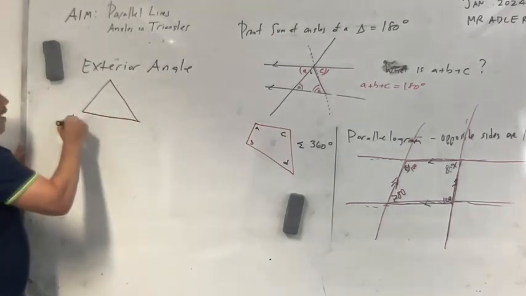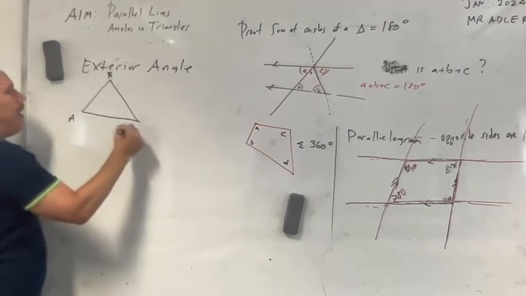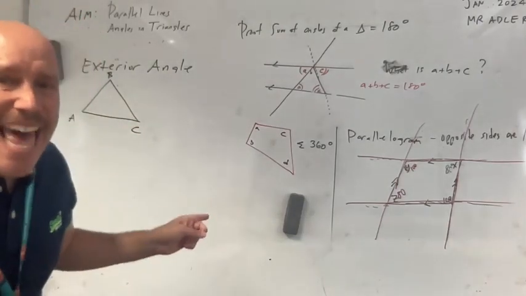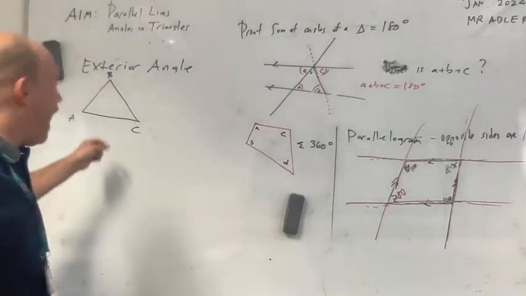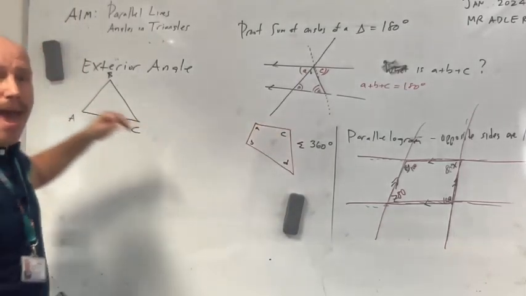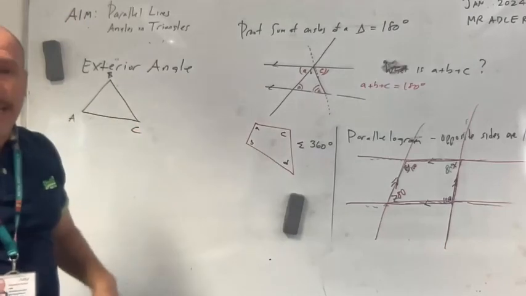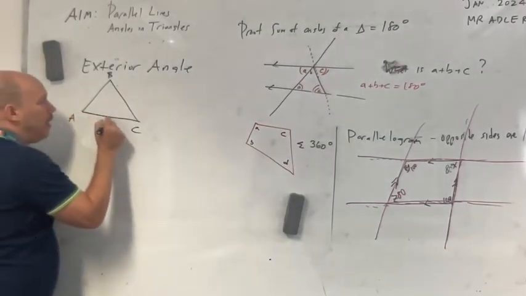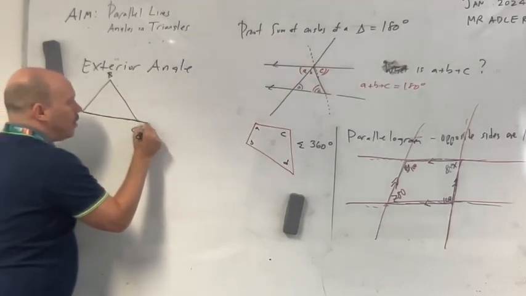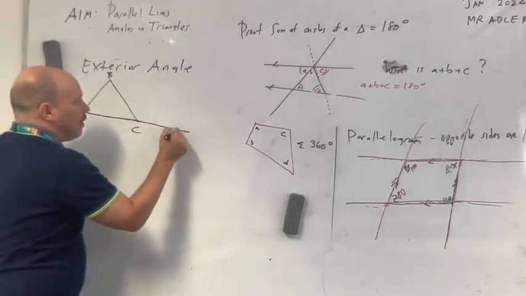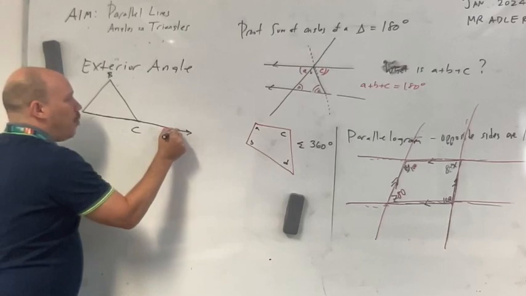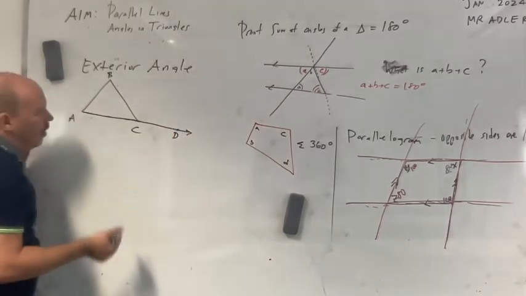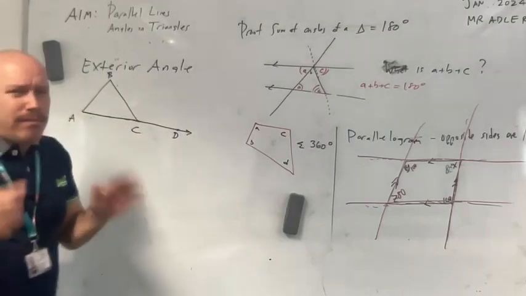So we have A, B, and C. I'm going to ask you to extend side AC, starting from A, and move out towards C to D. So I put my pen on A, and I go to C, and I continue to extend this way, and let's make this point D. So this technically is really Ray AD, but that's not important.